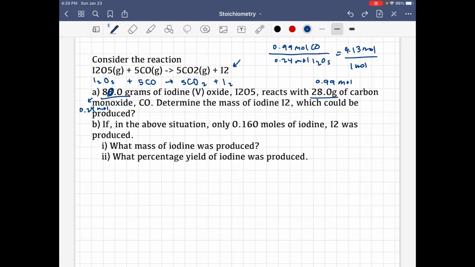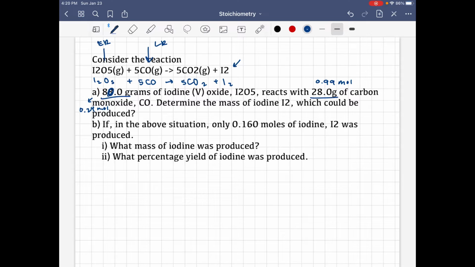Our ratio is 5 to 1. You have 1 here, you have 1 here, but this is less than this, which means that carbon monoxide is our limiting reactant. That means the other is the excess reactant, because there are only 2 reactants in this equation.